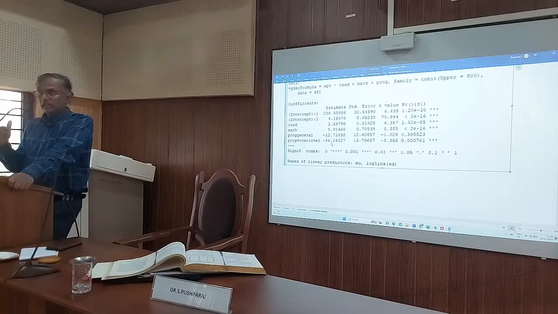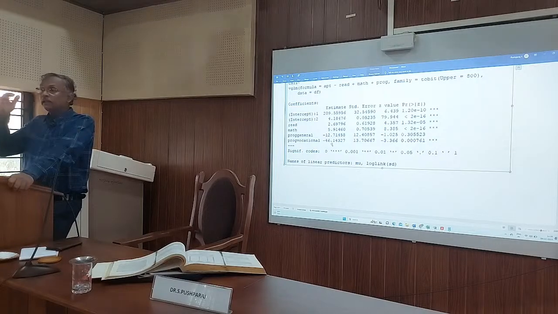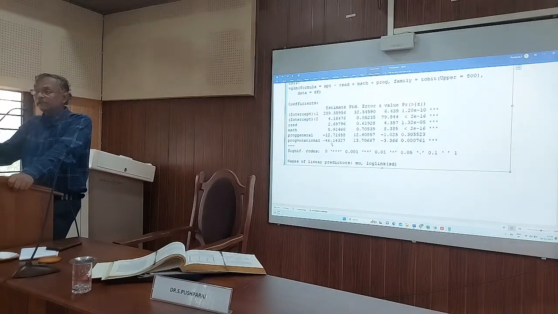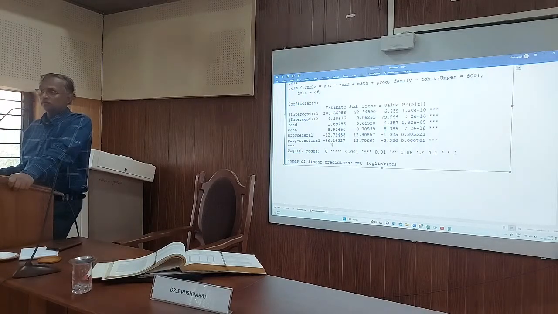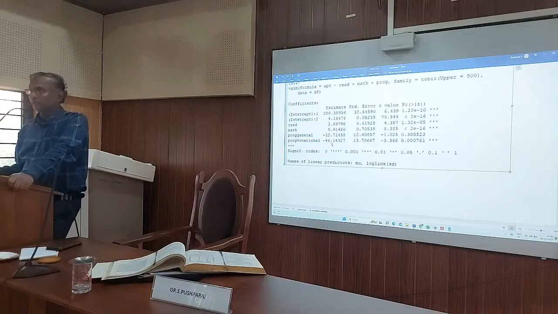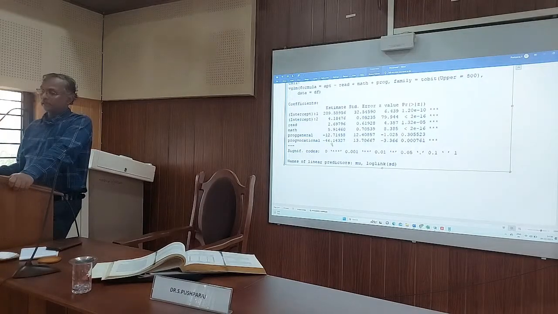Similarly, the aptitude increases by 5.9 units for every unit increase in math score. So math scores are more important than reading scores. That's what it says.